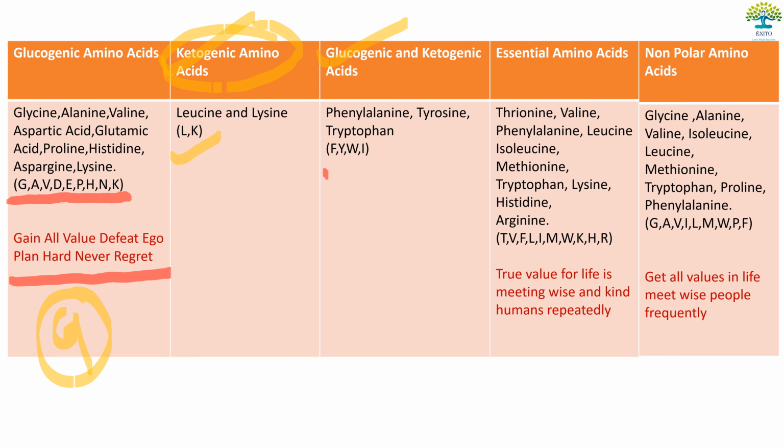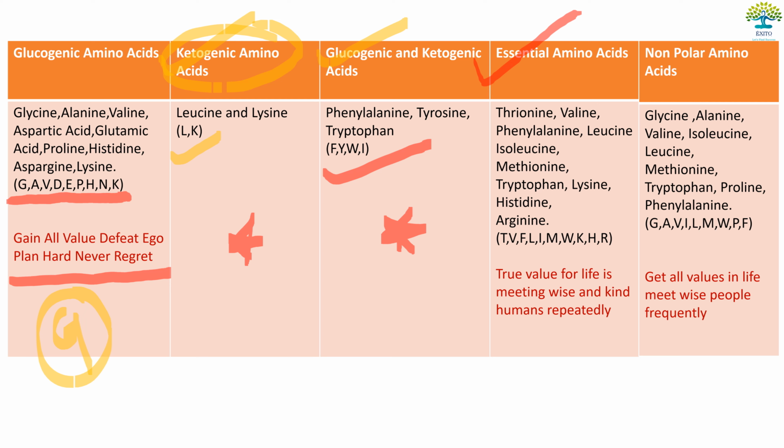Those are phenylalanine, tyrosine, tryptophan and isoleucine, F, Y, W and I. All 3 aromatic amino acids, phenylalanine, tyrosine and tryptophan, are there, and you have to add only one, isoleucine. I haven't made short tricks for ketogenic amino acids and for glucogenic plus ketogenic amino acids, because you have hardly 4 amino acids in this group.